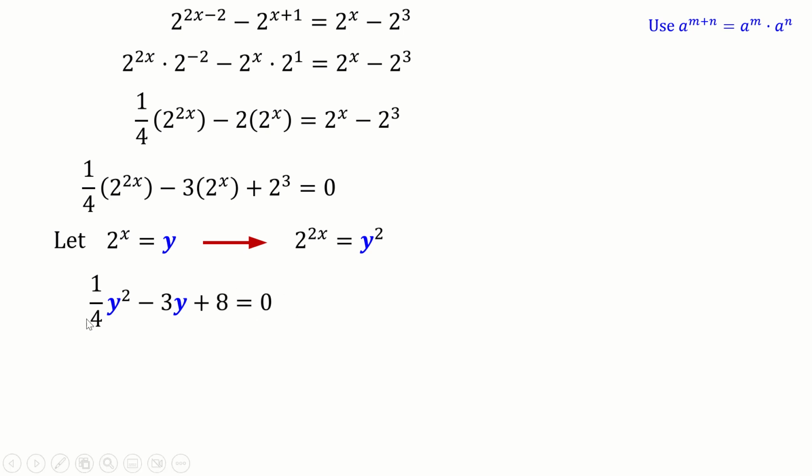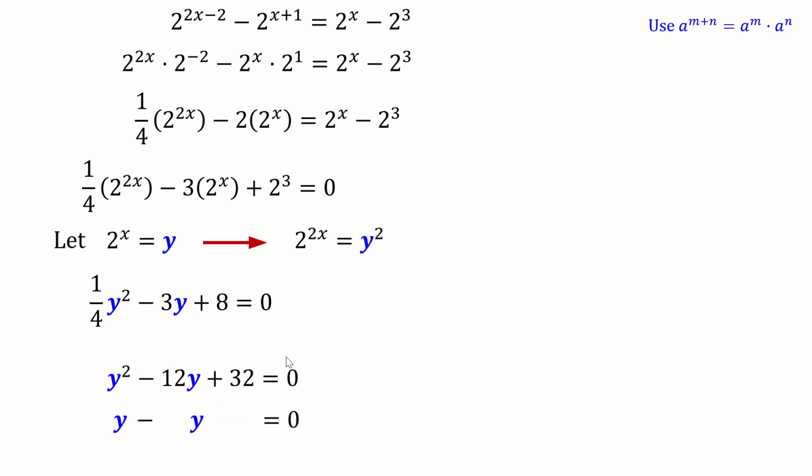Right, so now we have a quadratic equation here, so we can solve this quadratic equation. Before that, we can multiply both sides by 4, so it becomes y squared minus 12y plus 32 equals 0, and then we can factorize.